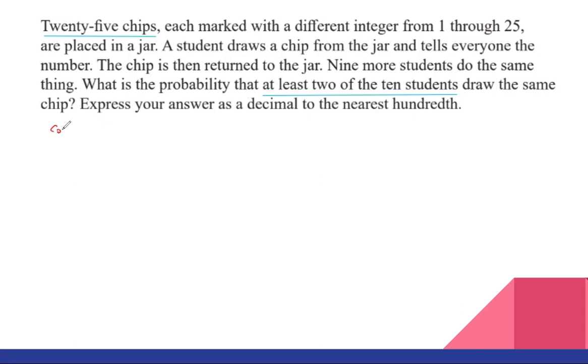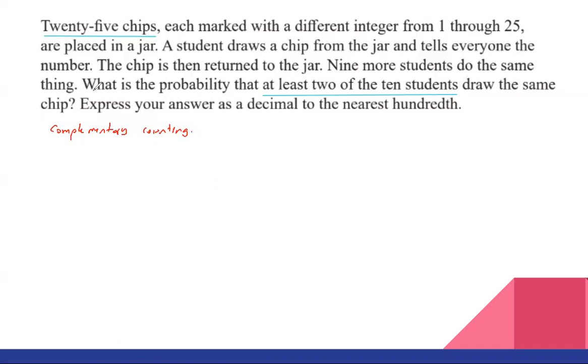So complementary counting is basically you count what you do not want and subtract it from the total cases.